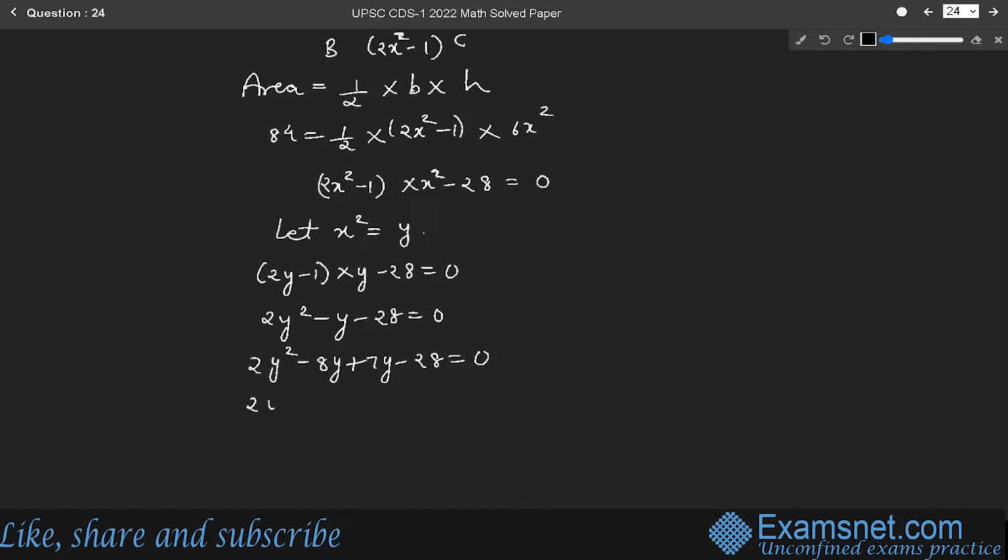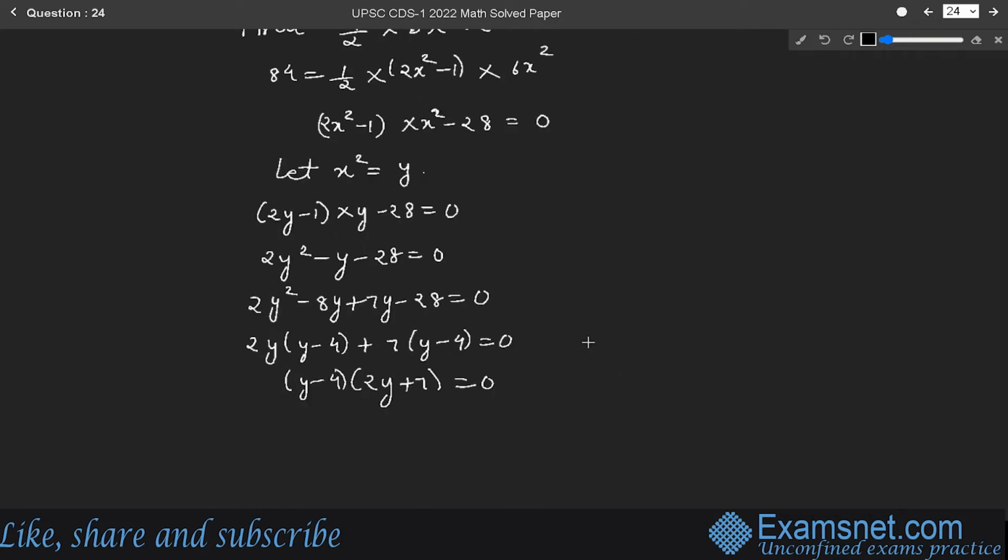So on further solving, it will be 2y, y minus 4 plus taking 7 common, it will be y minus 4. So the factors here are y minus 4 and 2y plus 7 is equals to 0. So from here we will get two values of y. Y will be plus 4 and y will be minus 7 by 2.